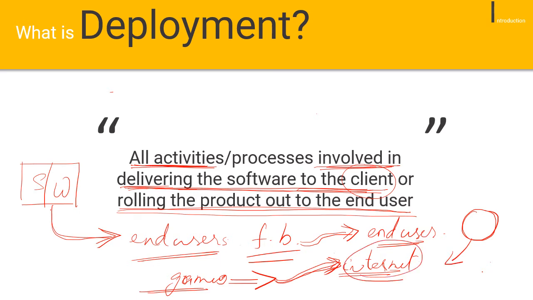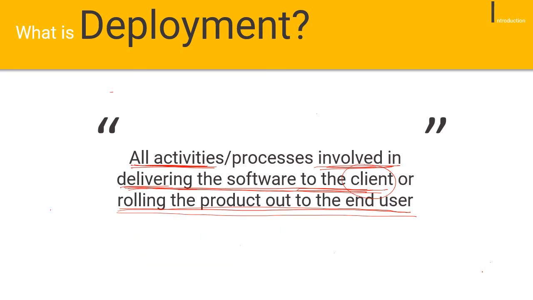So how do you deal with offline games or offline software that is delivered to the clients? My earlier example may have given you the impression that deployment is applicable only to software that is delivered through the internet.